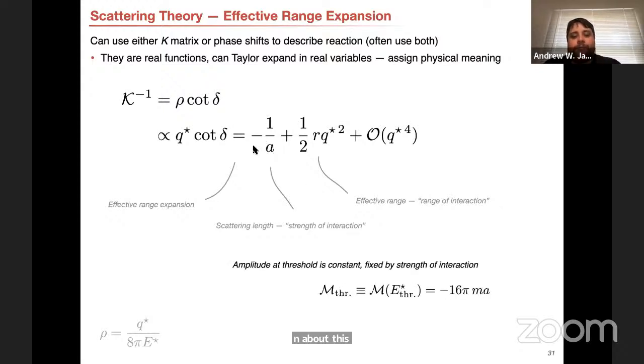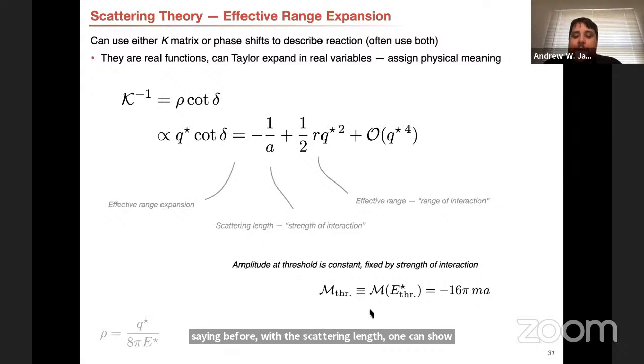As an example for what I was saying before with the scattering length, one can show that as you get near threshold, so the scattering amplitude when you get to the threshold energy, which is just twice the mass of the particles, that the amplitude is fixed by some prefactor times the mass times the scattering length. So here you see for a very small scattering length, the amplitude is very small.